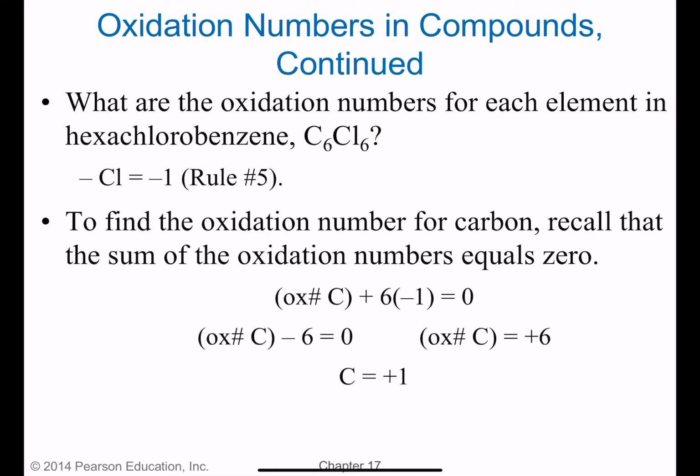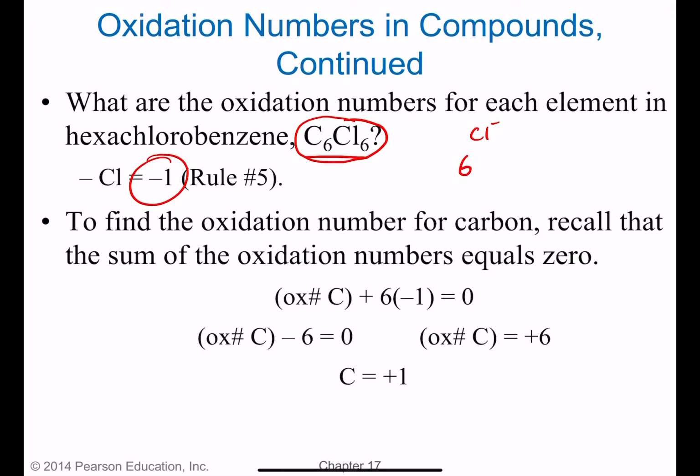So here's another example: hexachlorobenzene, C6Cl6. Because chlorine is the more electronegative element, we're going to assume it has the same oxidation number it would have as an ion, which is -1. For carbon, we can set up an algebraic expression.